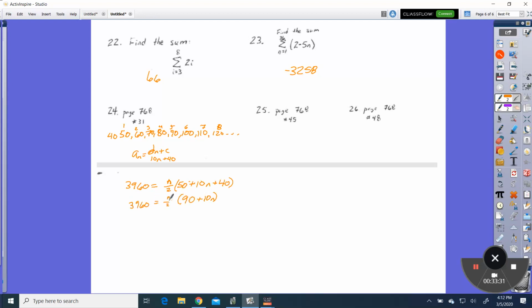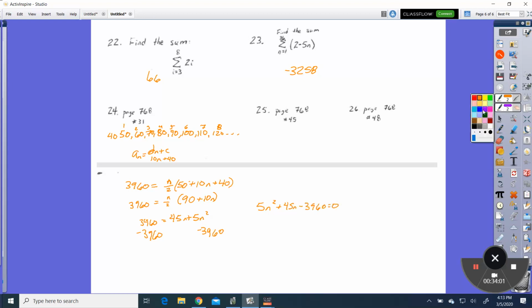So now I multiply that in. Half of 90 is 45, so that's 45N. N times N is N squared. Half of 10 is 5, so plus 5N squared equals 3,960. So then I get it equal to 0, so I have 5N squared plus 45N minus 3,960 equals 0.